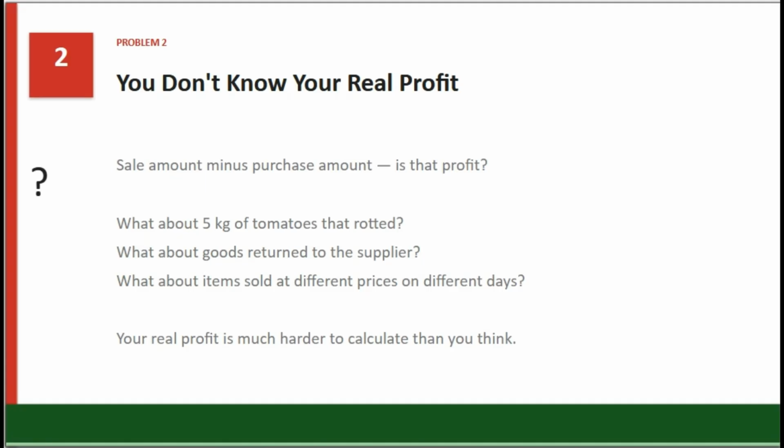Now let's see profit. Most shop owners think profit means sale amount minus purchase amount, but that is not the full picture. What about some goods getting damaged? Say onions got rotten. What about the items you return to your supplier? What about the goods you have on credit?